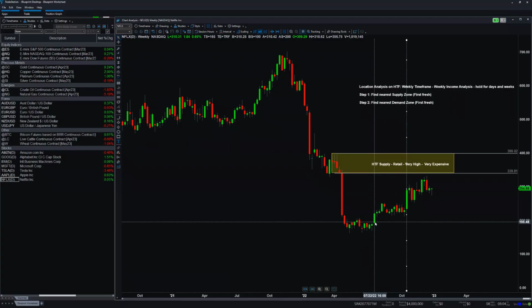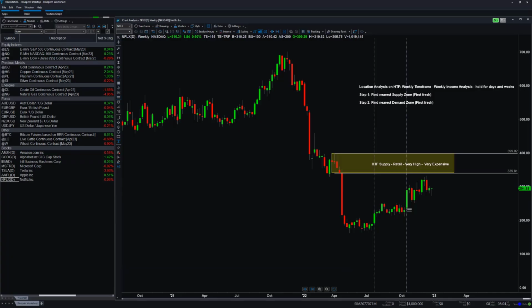Well, in this case, I have a rally, base, rally. So where could my leg in be? My leg in could be here, because this is, again, a decisive candle. I have a leg in, then I have a very big base, and then I have a leg out here. So where does my proximal go?